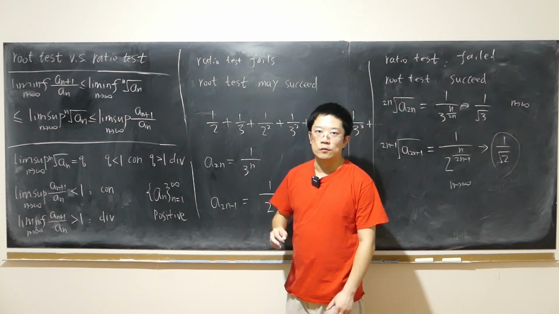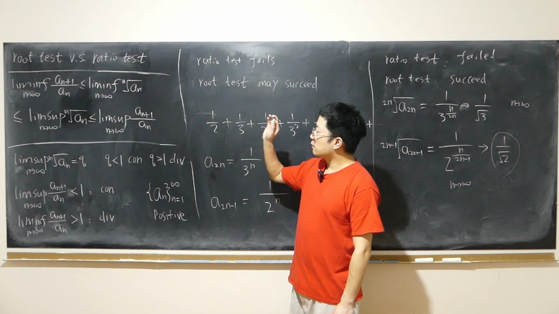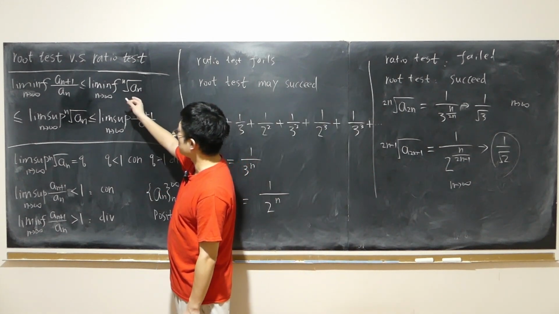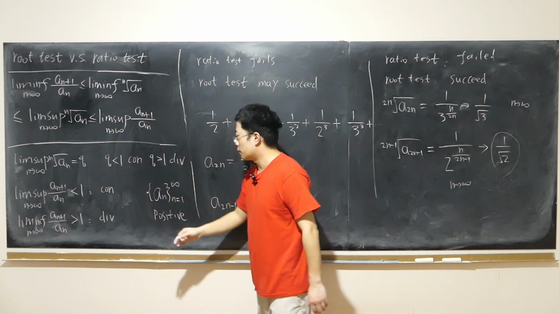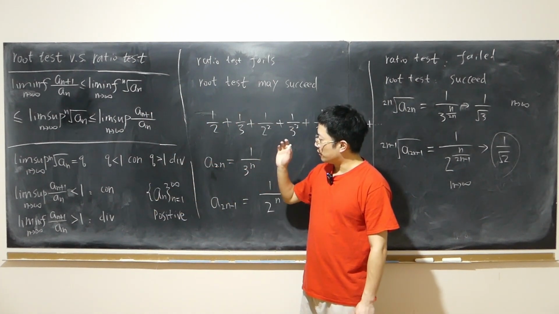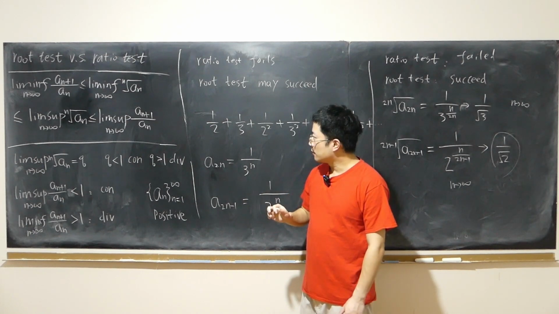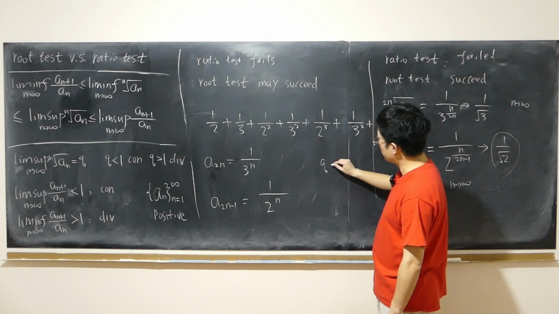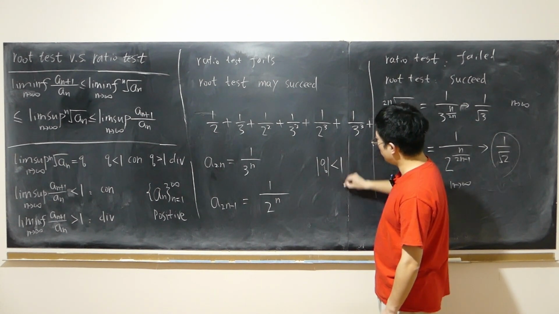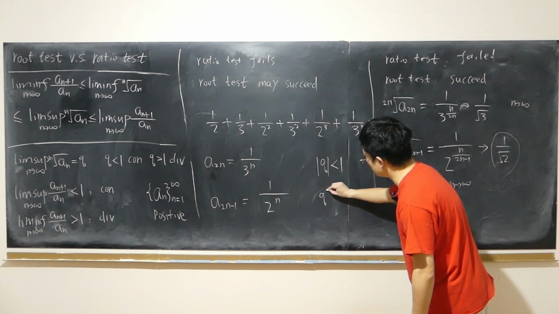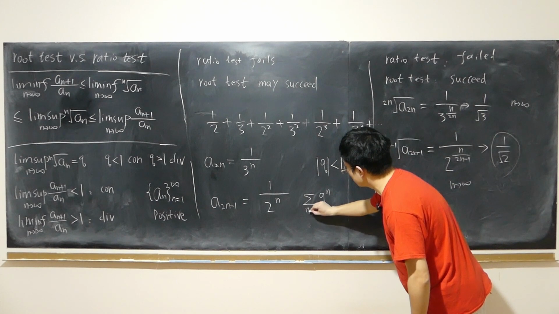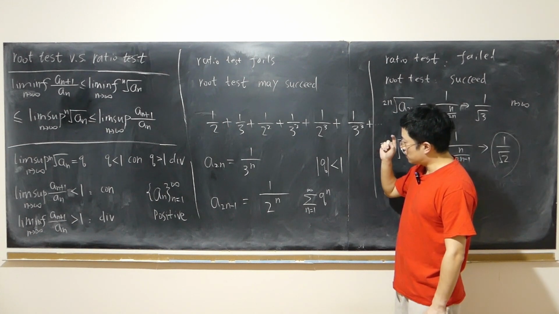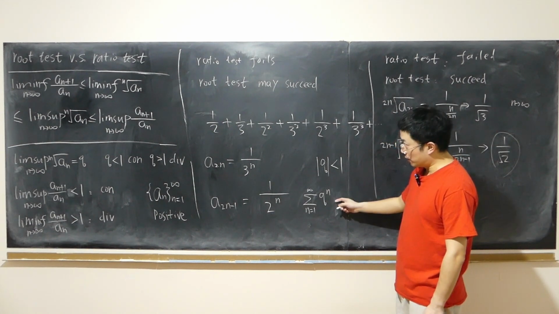In the next video, I will prove that the root test or ratio test can only succeed in testing series that converge very fast, such as geometric series, for example Q to the power of n, where the absolute value of Q is less than 1. If the series converges slower than this geometric series, then they both fail.